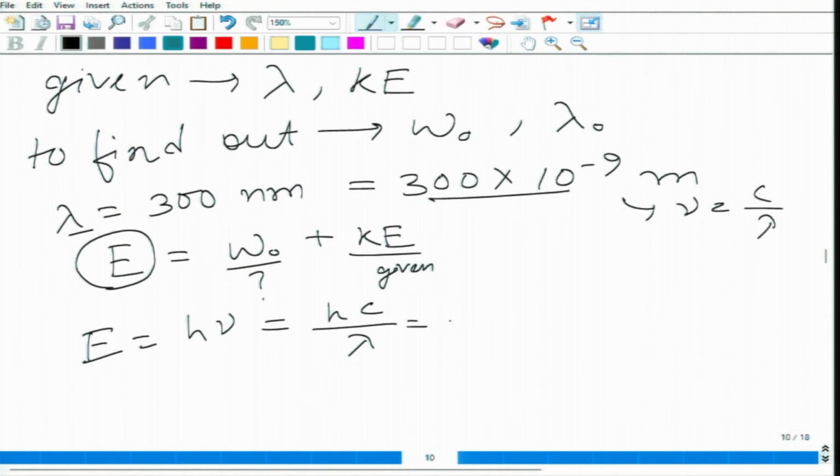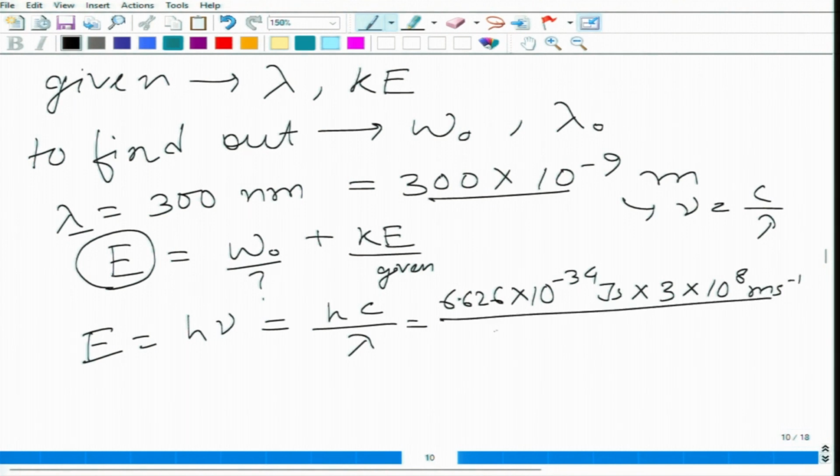So this will come as, value of h is 6.626 into 10 to the power minus 34 joule second into 3 into 10 to the power 8 meter per second by 300, actually 300 into 10 to the power minus 9. How can we write this?